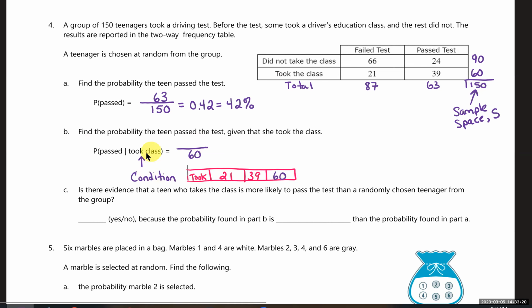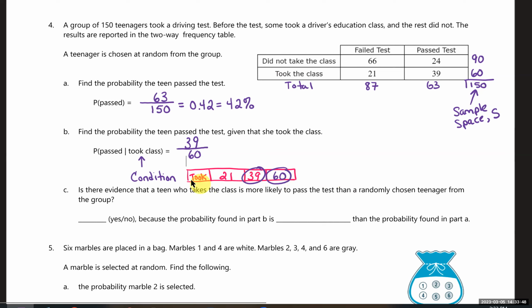Now it says, what is the probability they passed, given they're among this group? The people that passed, that was our 39. So 39 out of the 60 passed their test, and they had also been people that took driver's ed.